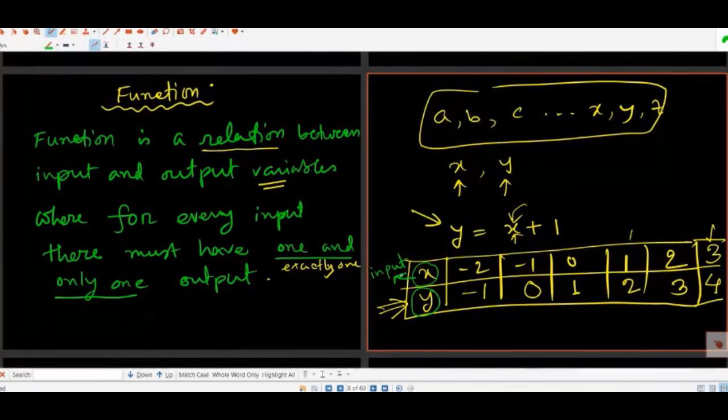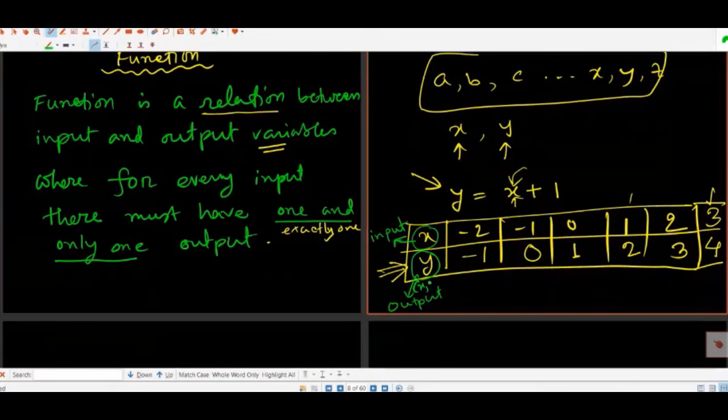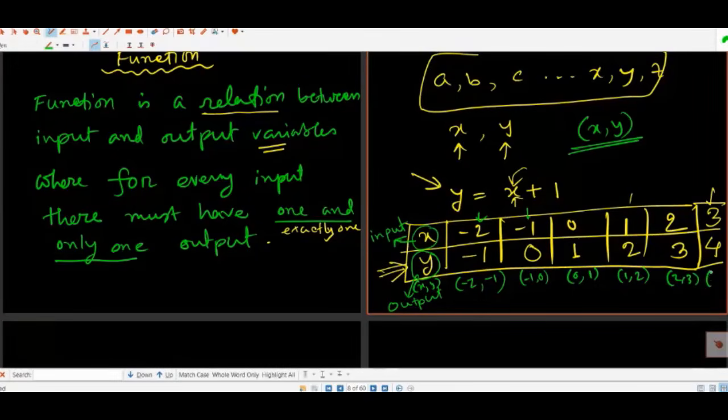Now the term, what is input and output variables. Since we are inputting X, X is the input variable and Y is the output variable. If we collect X, Y as an ordered pair, following this pattern we can write -2, -1, the second point as -1, 0, then 0, 1, 1, 2, 2, 3, 3, 4.